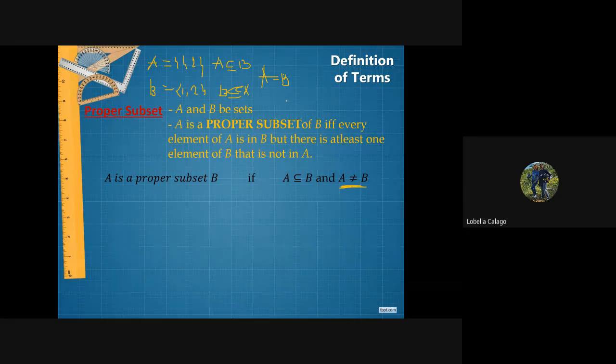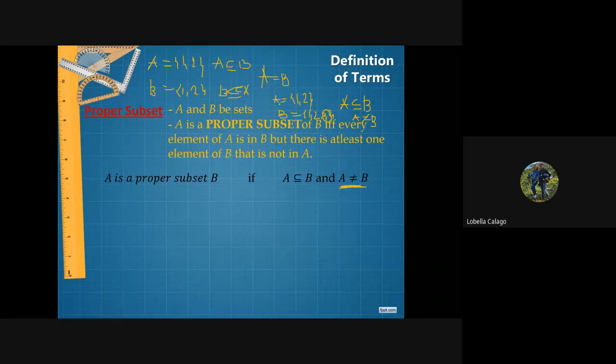Anong ibig sabihin niyan? For example, we have A, 1, 2, and B, 1, 2, 3. Yan. A is a subset of B, but A is not equal to B. Hence, A is a proper subset of B. Kasi merong element si B na 3, na wala si A. Ganun po yung ibig sabihin ng proper subset sa subset.